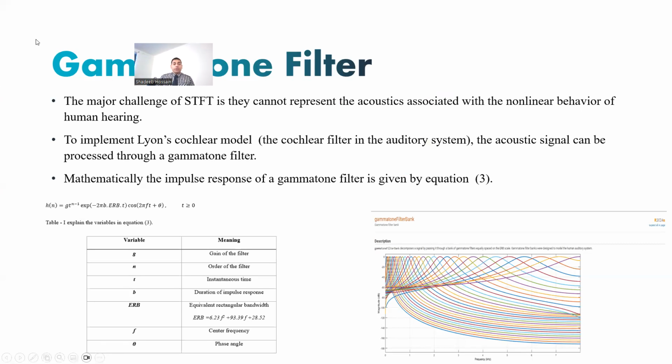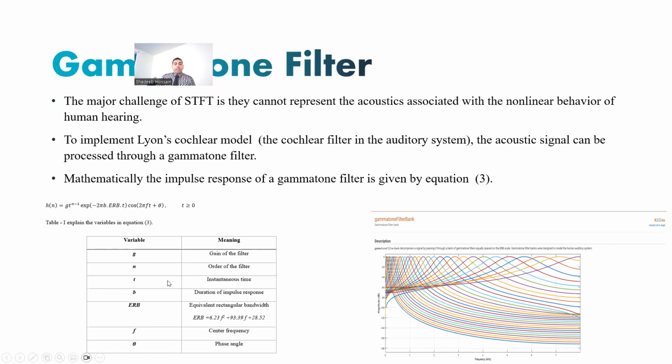What kind of filter are we using? We are using a gammatone filter. How to generate a gammatone filter in MATLAB is given very clearly in their documentation. This is the equation associated with a gammatone filter, as long as time is greater than 0.